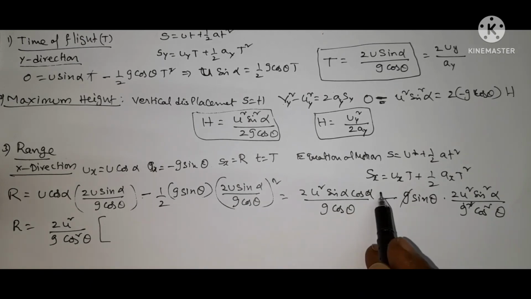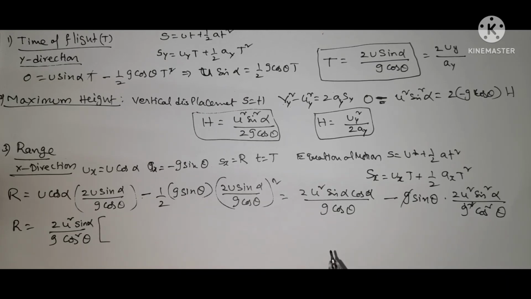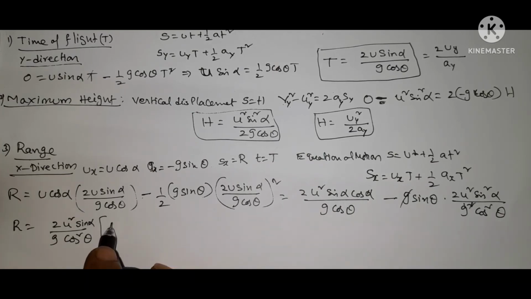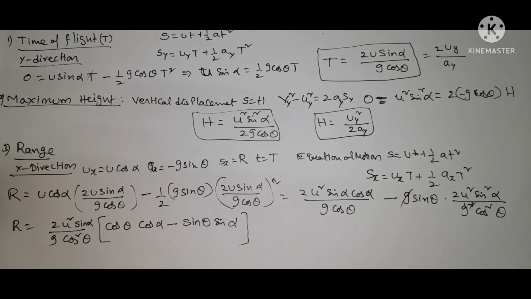Sin alpha is also taken as the common. Now what do you have? 2 is coming out, u square is there, and here cos theta cos alpha minus sin theta sin alpha. This is in the form of cos A cos B minus sin A sin B in mathematics.